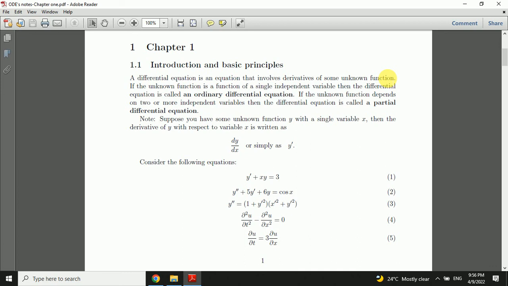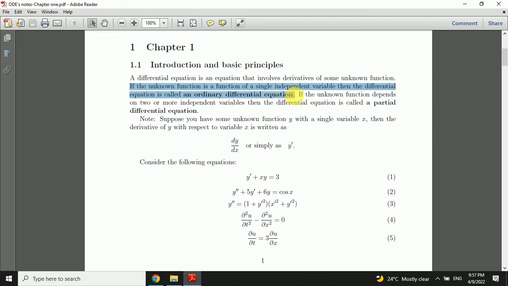You want to use those derivatives to find the unknown function. The second sentence says that if the unknown function is a function of a single independent variable, then the differential equation is called an ordinary differential equation.